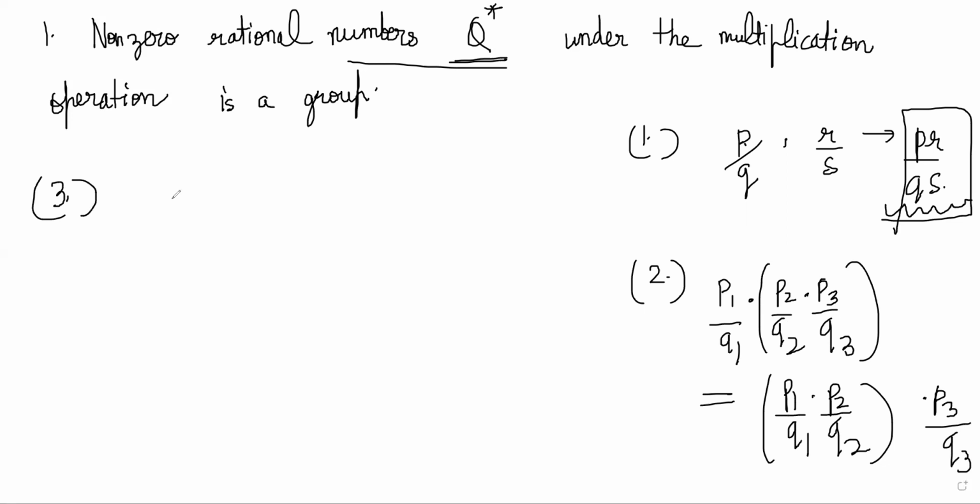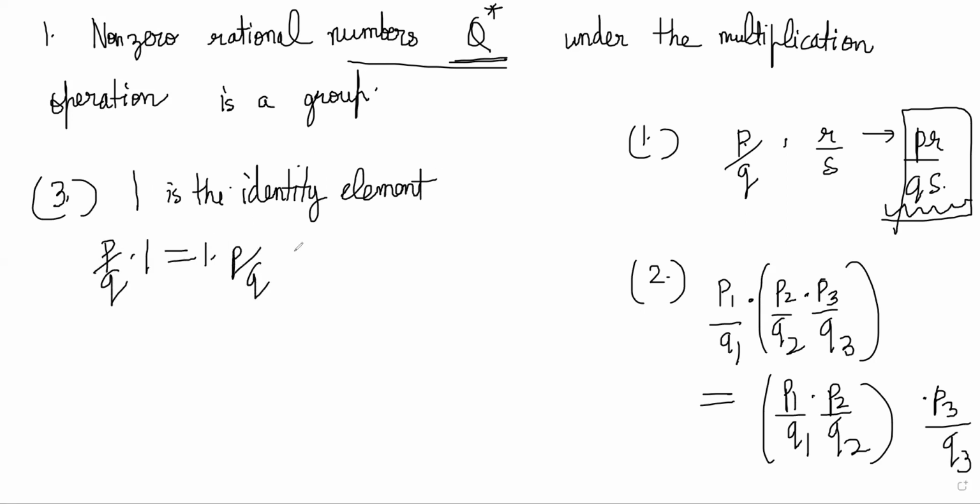The third property is there is an identity element of the set. 1 is the identity element because anytime you multiply p/q with 1, you will end up getting p/q itself. So 1 is the identity element of this multiplicative group. Usually when there are multiplicative groups, 1 is the identity element in such groups.